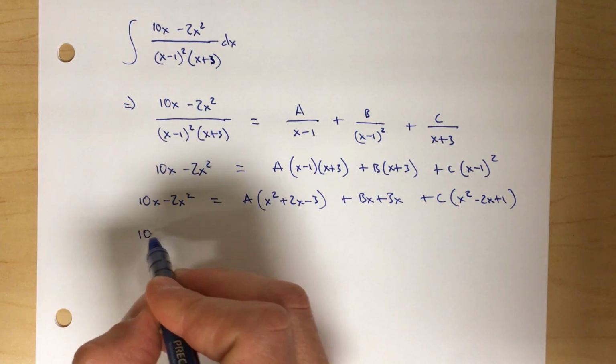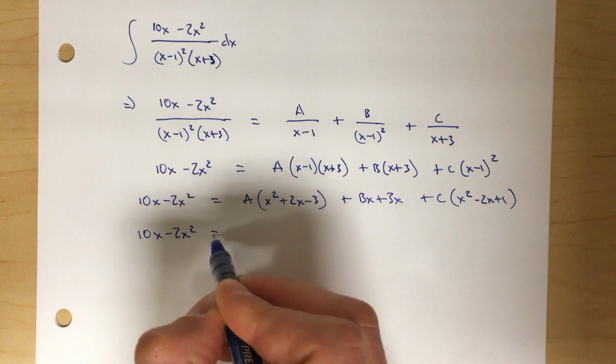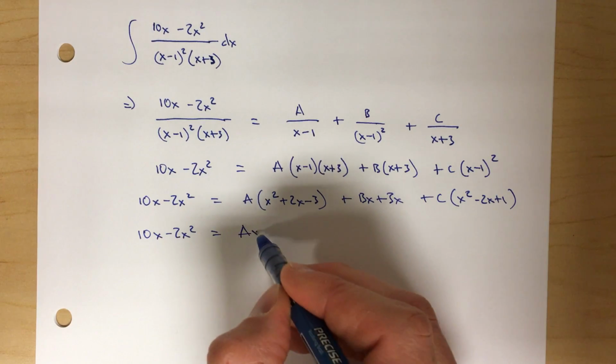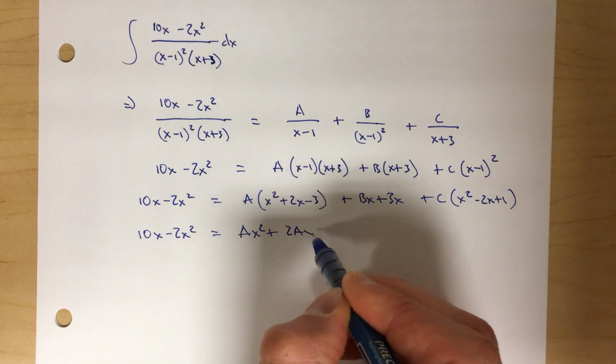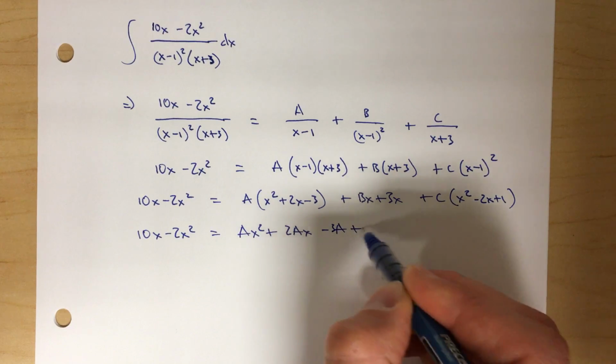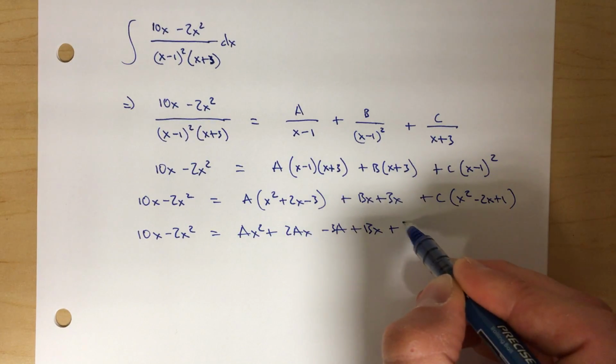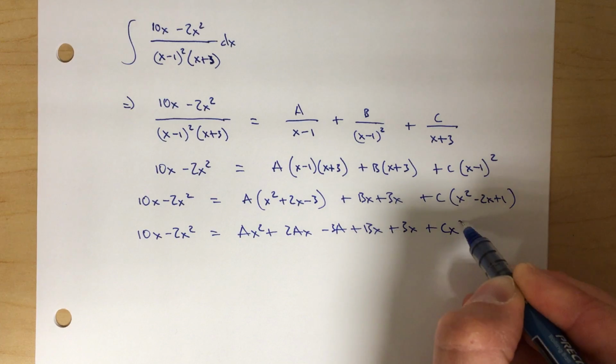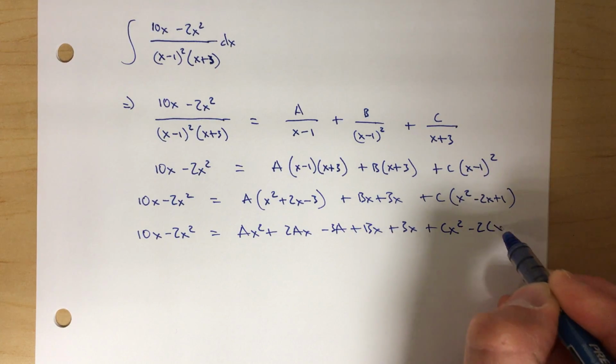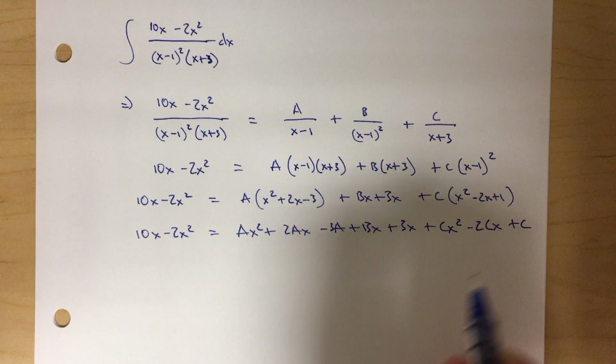So now we have 10x minus 2x squared is equal to ax squared plus 2ax minus 3a plus bx plus 3b plus cx squared minus 2cx plus c.